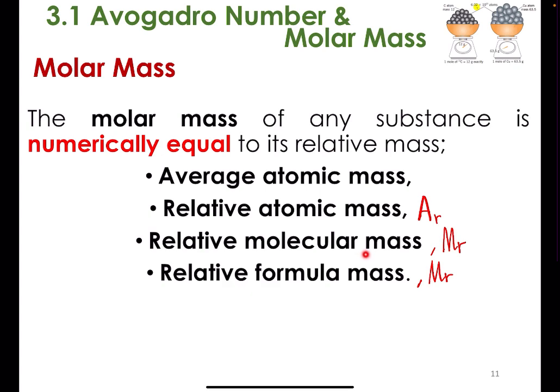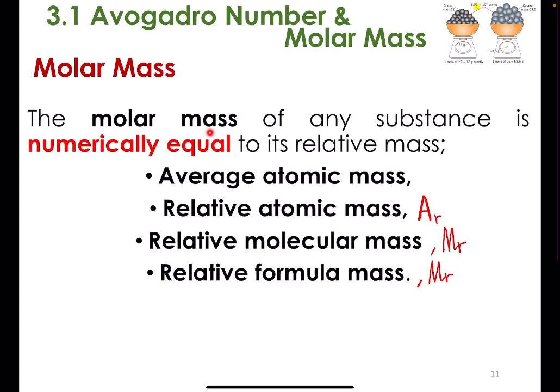I know molar mass is numerically equal to the relative molecular mass. So, of course, the value 28 is going to be the same. But right now, what I want to say as my answer, the molar mass of that element is 28 gram per mole. Because molar mass hanya akan ambil nilai itu, tapi kita kena letak unit sebab kita faham molar mass mempunyai unit gram per mole. So itu yang dimaksudkan dengan numerically equal.